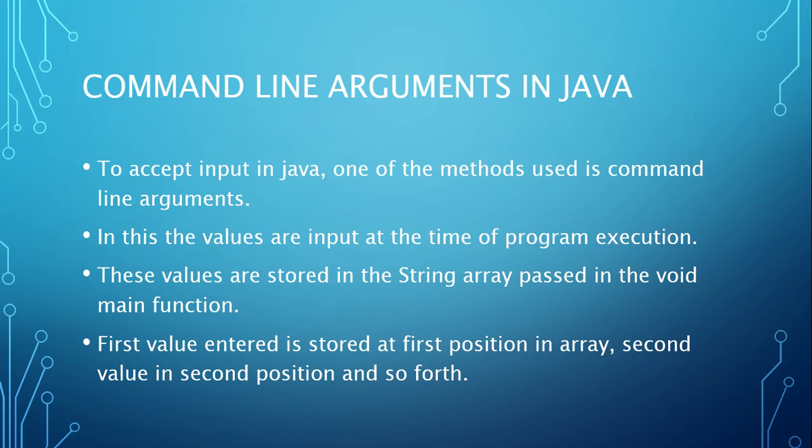So at this point, when we are executing the program, this is where you will be passing the values. That is the reason they are called command line arguments. Now these values which we enter at the time of execution get stored in the string array which is passed in the void main function.